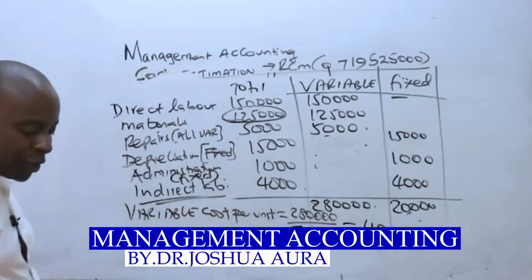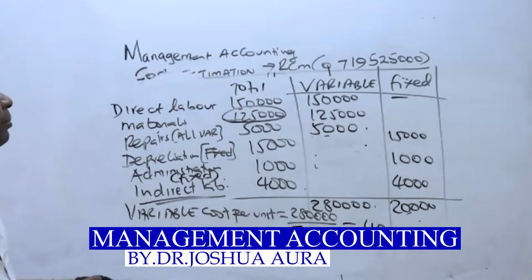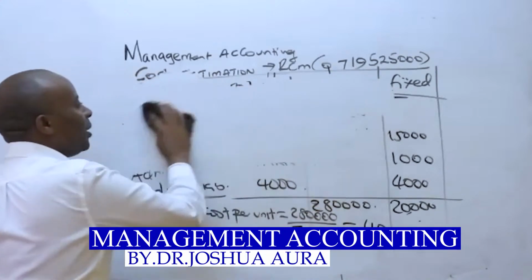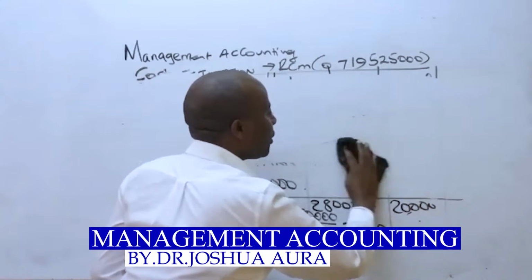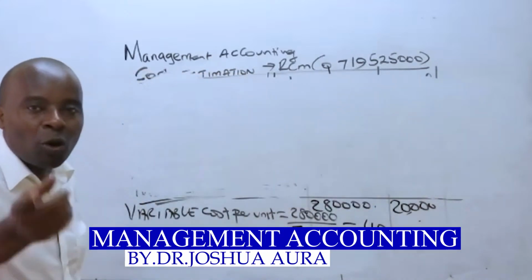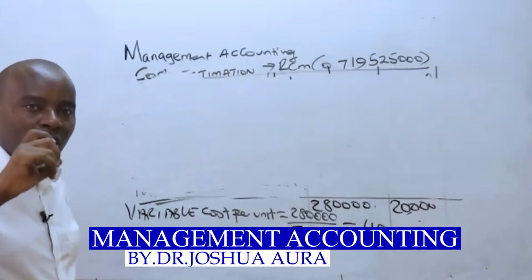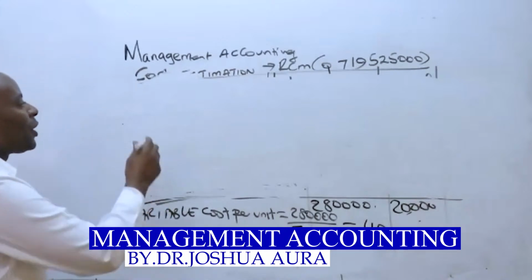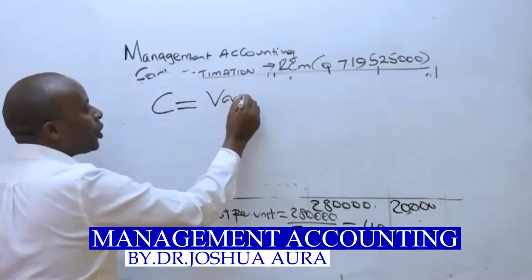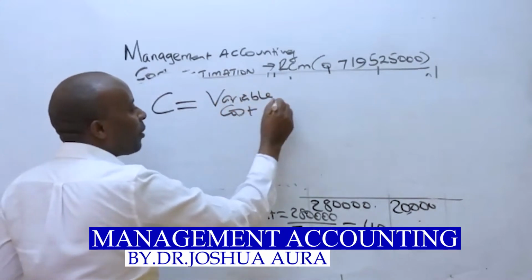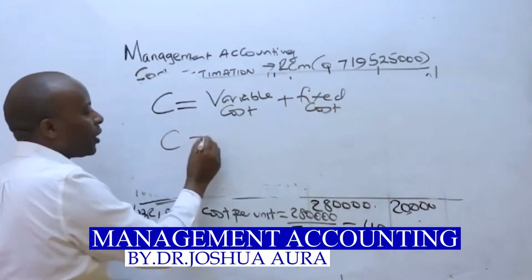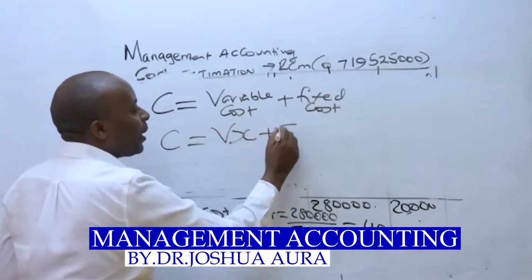Now, once I have 40 per unit, remember exactly what I'm supposed to be doing. This is the account analysis method of cost estimation. In the account analysis method, I know that cost should be variable cost plus fixed cost, so Vx plus fixed cost.